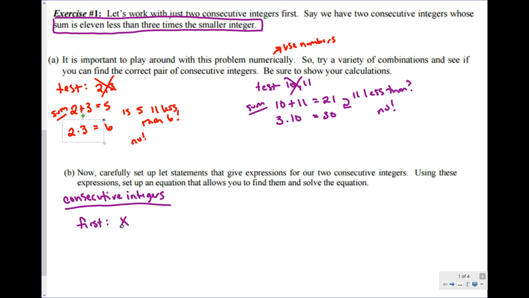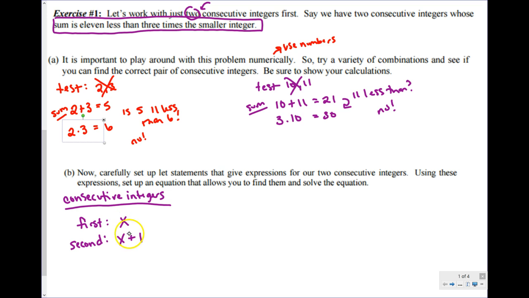If x is 4, what would my second integer be? 5. So how many am I always adding to the first integer? 1. So the second consecutive integer is always going to be the first number plus 1. This you need to memorize. The third integer, if we had one, now keep in mind this problem only has 2, but if we had 3, it'd be x plus 2, and so forth.